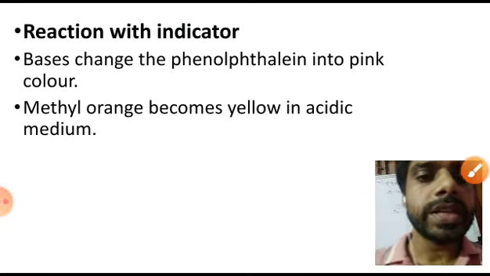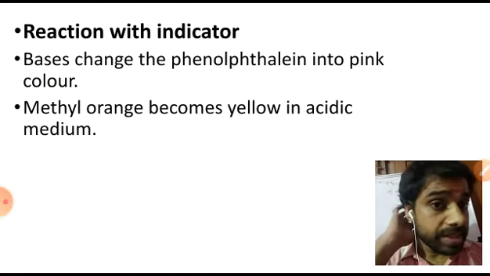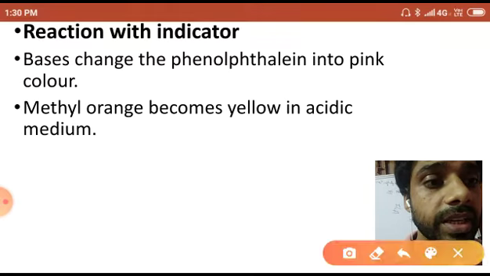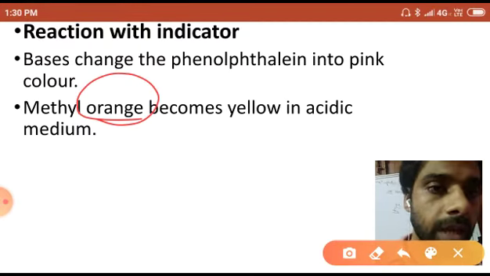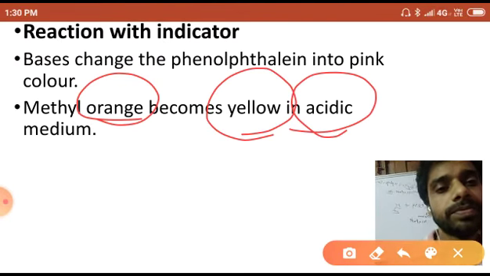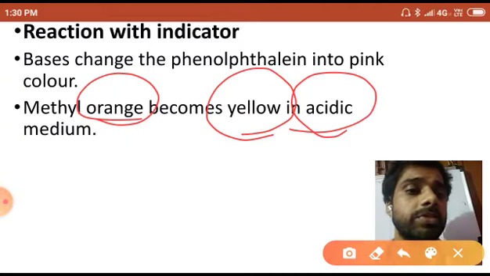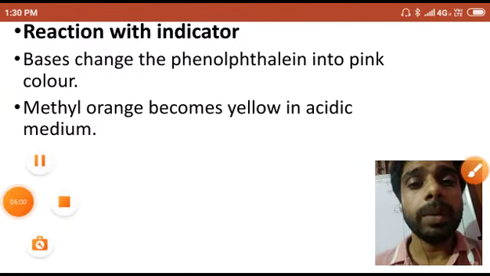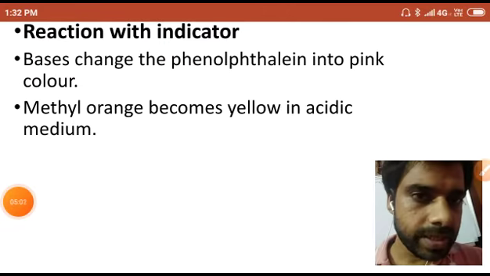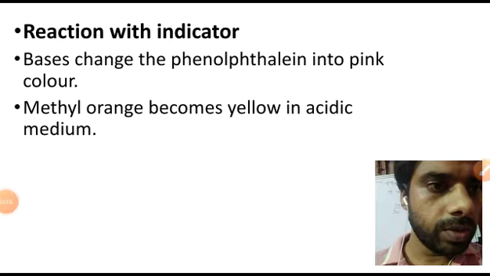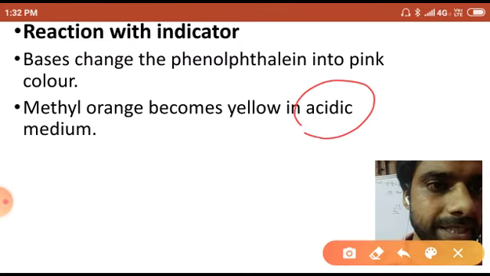Now, the second one is methyl orange, whose neutral color is orange. In acidic medium it will change into red, but you have to understand about the basic. Dear students, methyl orange becomes yellow in basic solution.